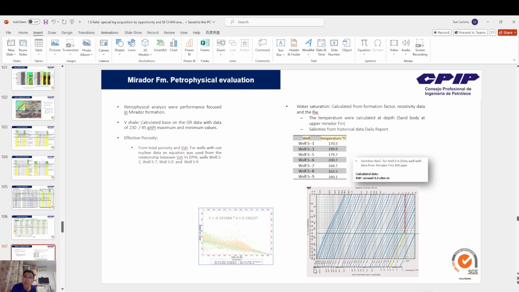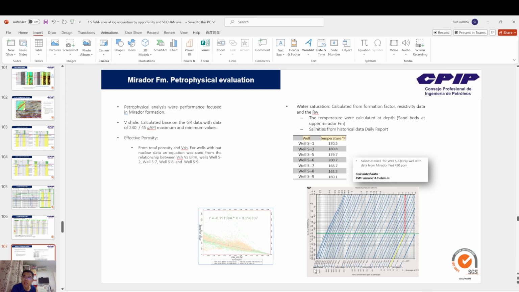Petrophysical evaluation. Petrophysical analysis was performed focused on the Mirador formation. Shale volume calculated based on the gamma ray data with 230 at maximum and 45 at minimum value.